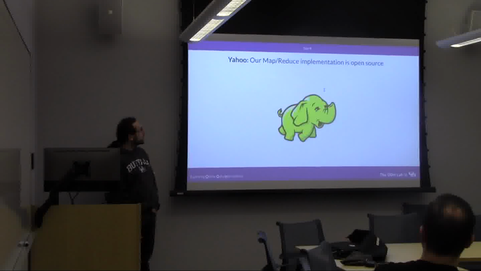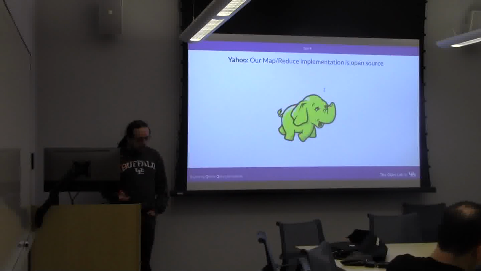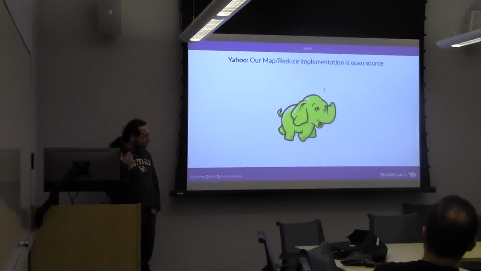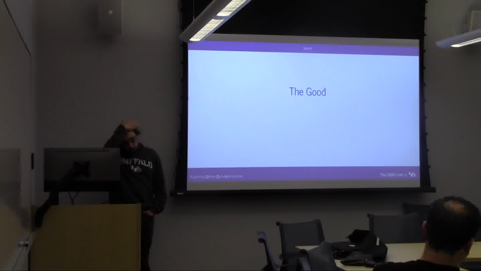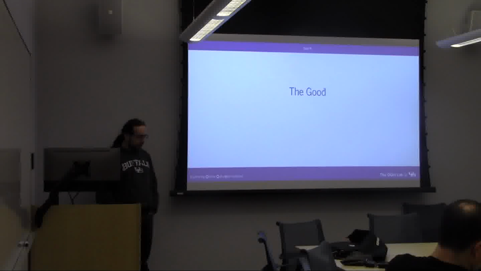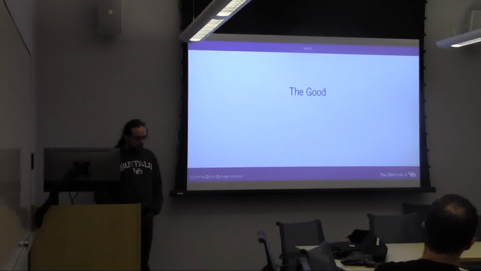They created their own MapReduce implementation called Hadoop, spread it around, made it open source, and for a very long time, this was pretty much all that anyone talking about big data looked at: MapReduce.